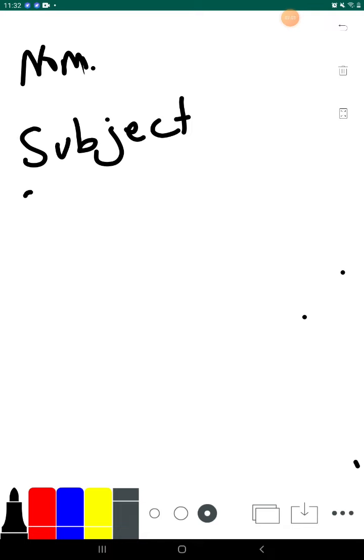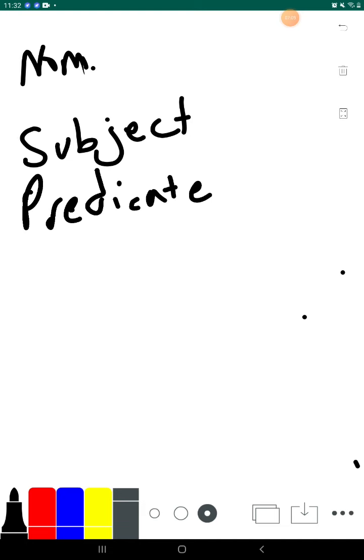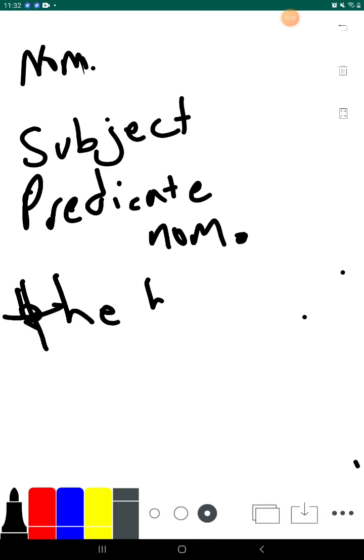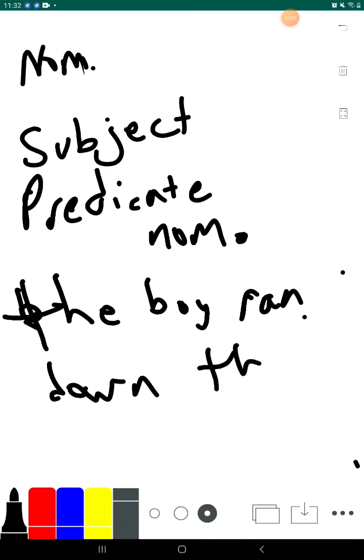Or the predicate nominative. I'm just going to say predicate nom for now, because you already know how to spell nominative. What is the subject? The subject is basically the main thing. Let's say the boy ran down the halls.